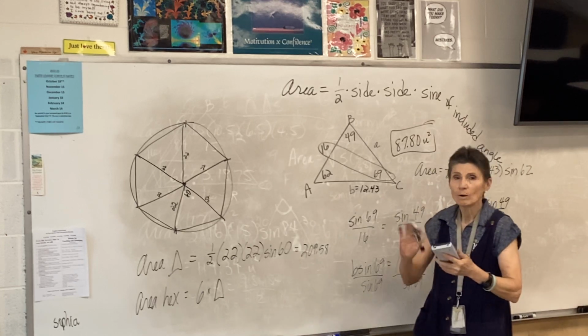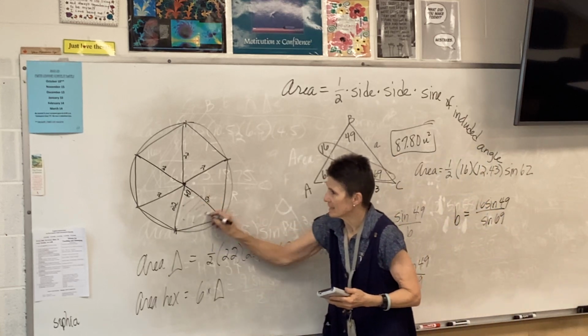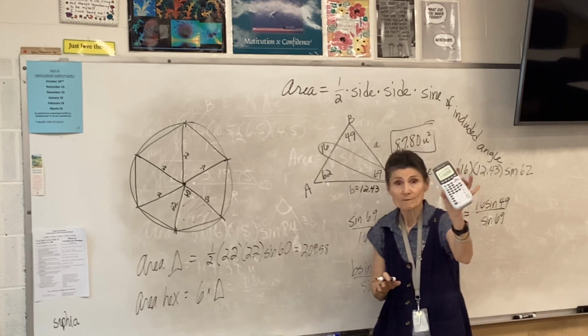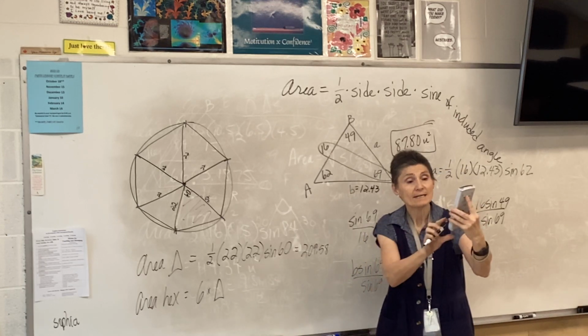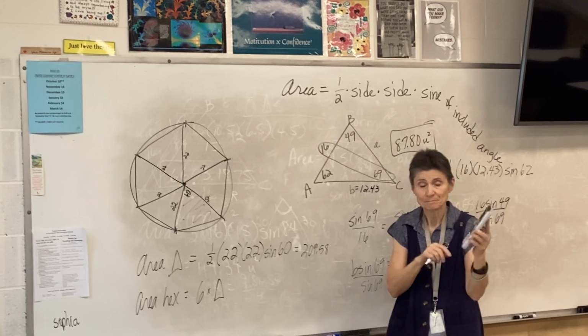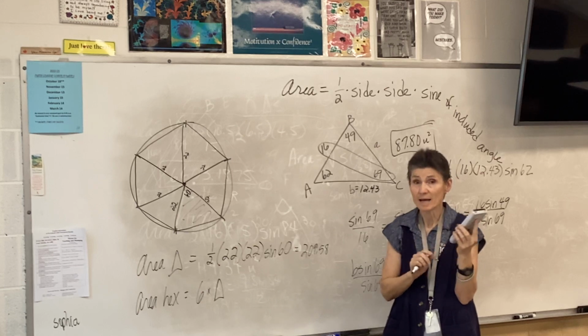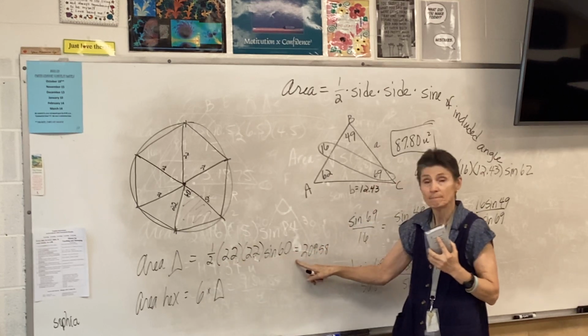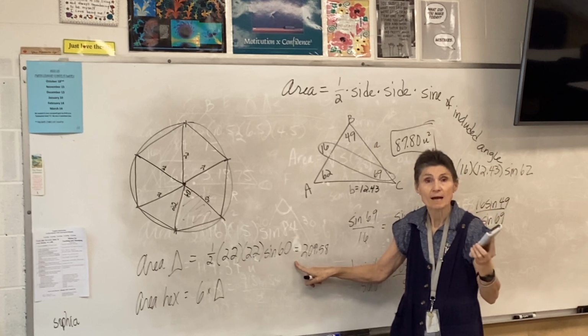But I didn't want that. That's the triangle. That's the area of the triangle. I don't want that. I want the whole hexagon. So I'm just going to take my calculator and hit times 6, because isn't the hexagon 6 of those triangles? So I typed this in and then hit times 6.